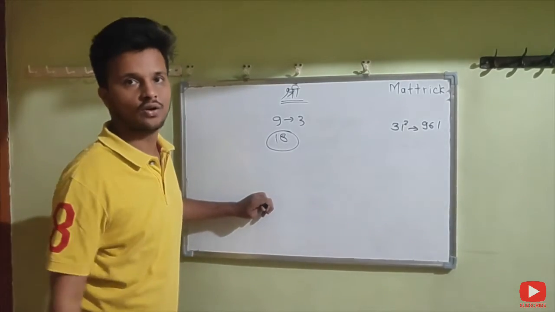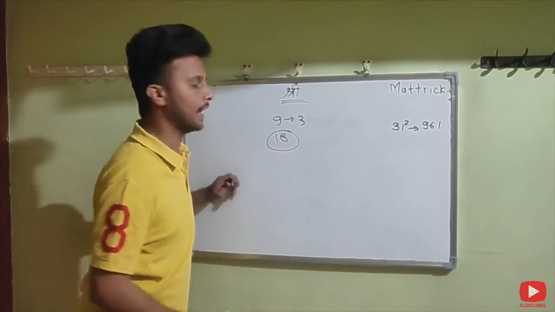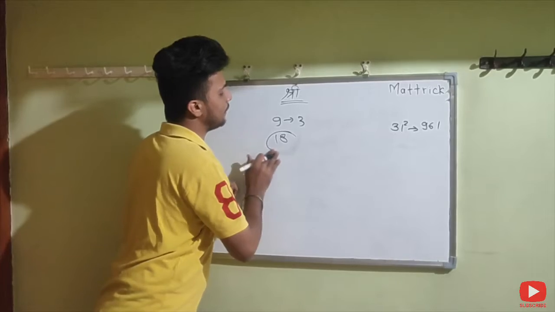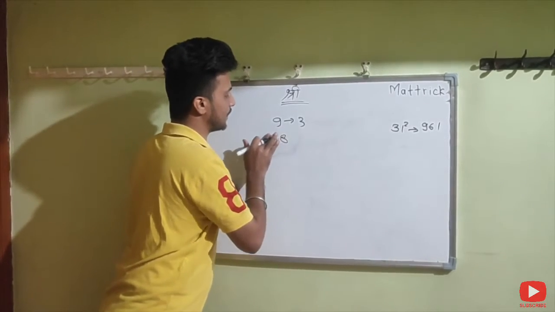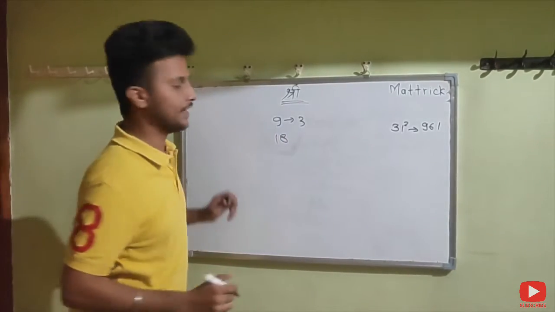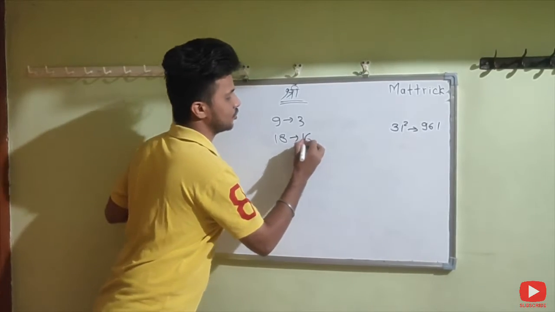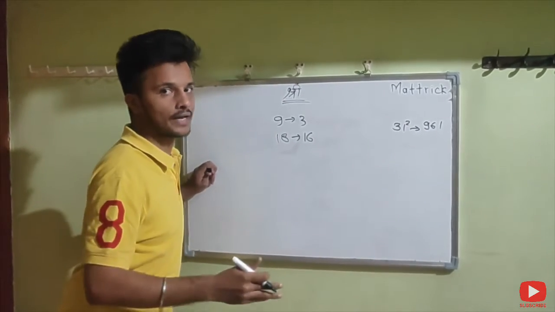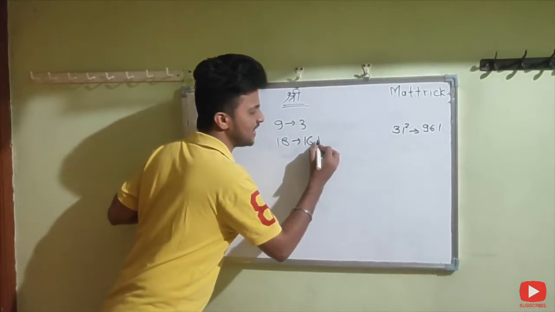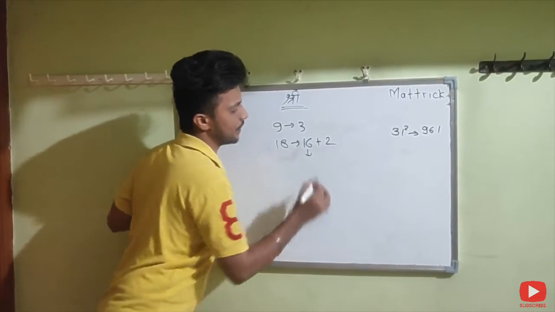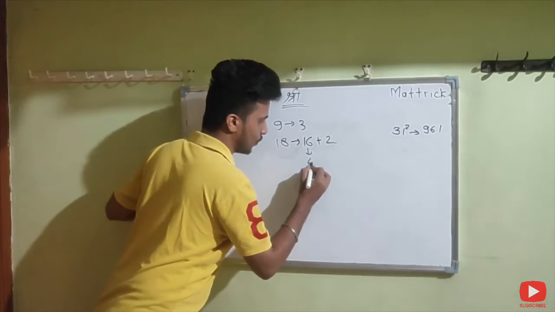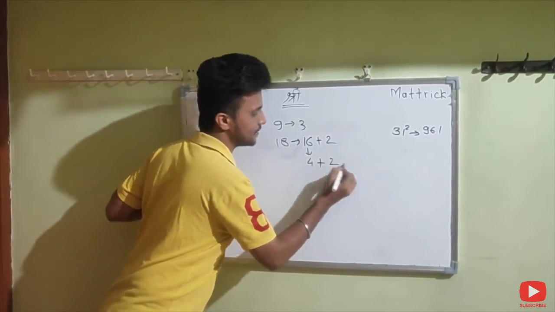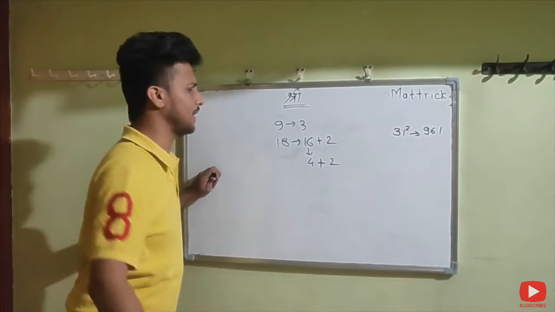So as I was saying, what is the square root of 18? How will we calculate? Tell me a number which is a perfect square and nearby 18. It is 16, right? So we will write this number in the form of 16 plus or 16 minus. How will we write? 16 plus 2. Now, what is the square root of 16? It is 4. Then write this as it is and just do only one simple thing.